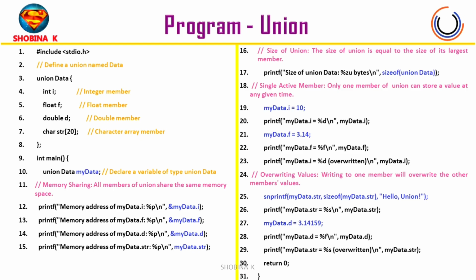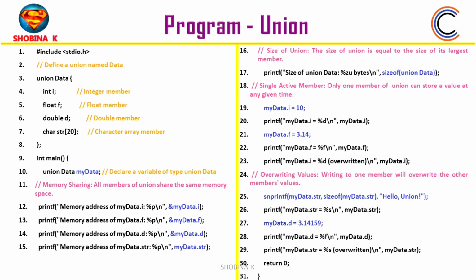We use snprintf to safely assign the string "hello union" to myData.str and print it. Then we assign 3.14159 to myData.d and print it. When we print myData.str again, it shows an overwritten or garbled value because myData.d has overwritten the memory space. And return 0 indicates the successful execution.